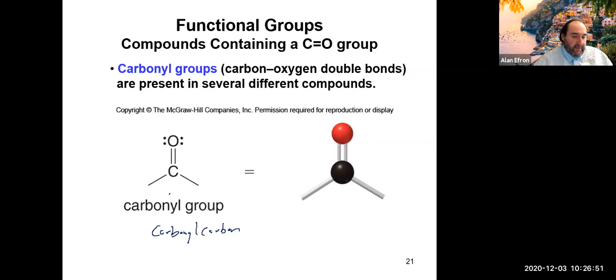This part of the group is a polar group. If we look at electronegativity, oxygen is more electronegative than carbon, so this provides a polar part of a molecule at that bond in the carbonyl group. There are a lot of organic compounds that have that embedded in their functional group.